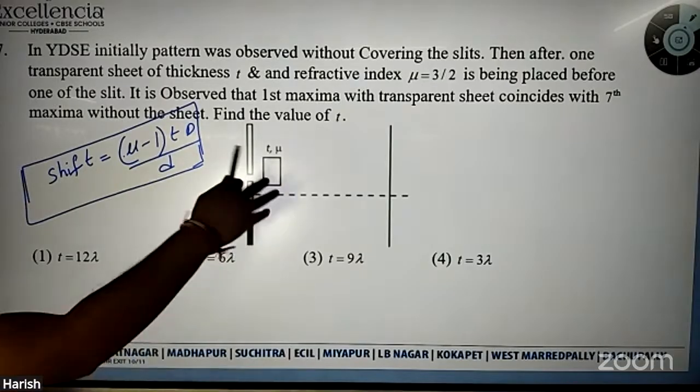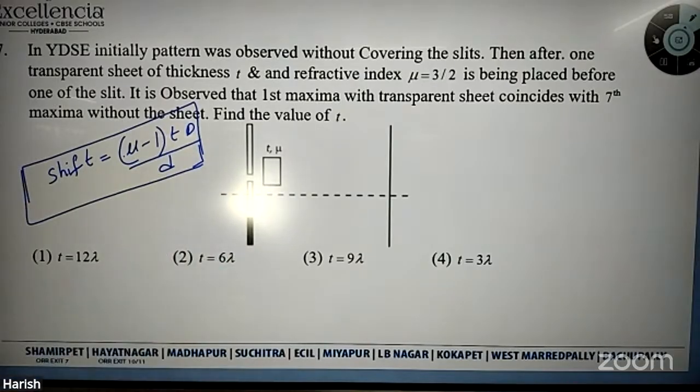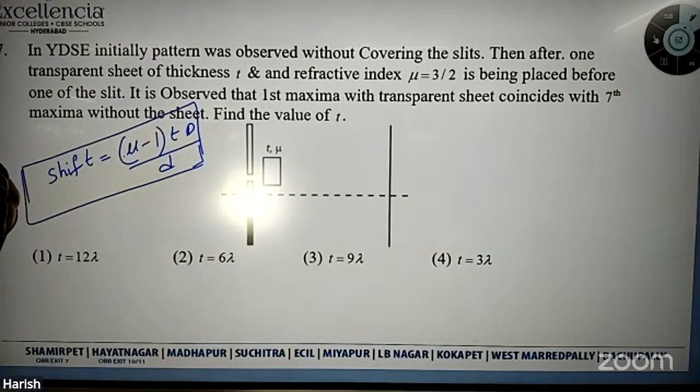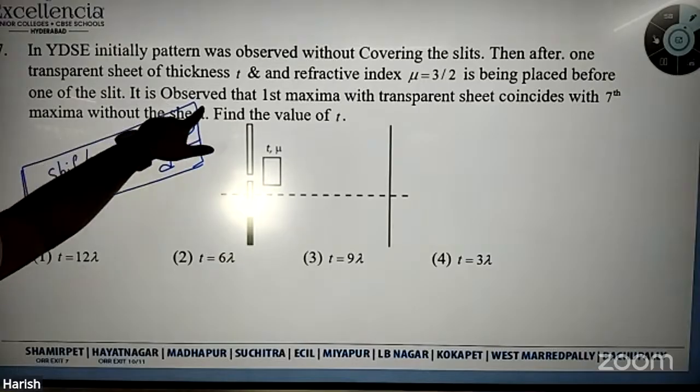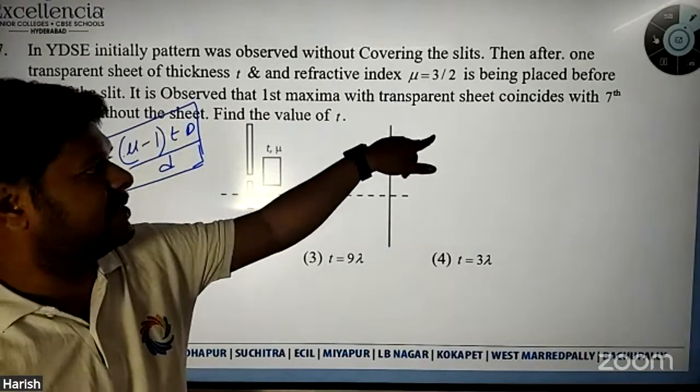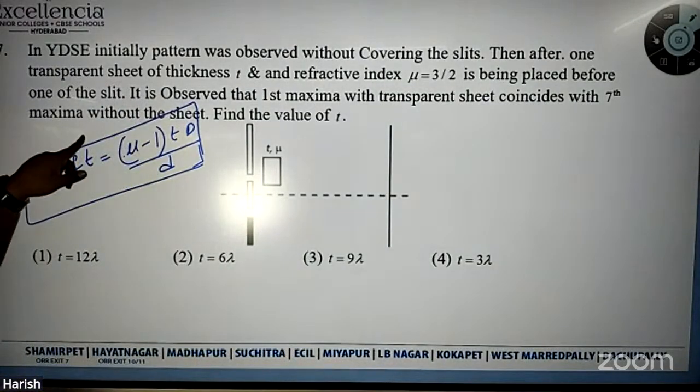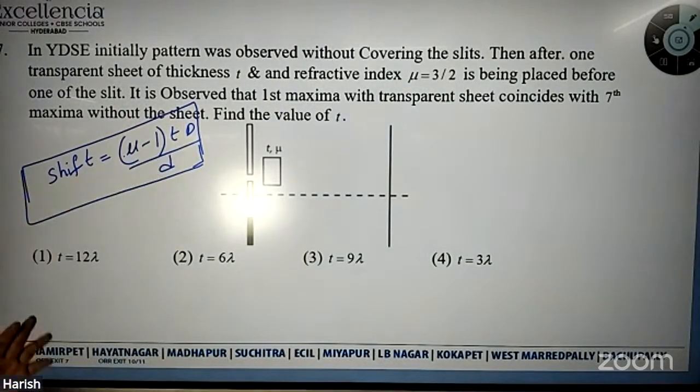Now just look at this question. They're saying that when they kept this slab, it is observed that the first maxima with a transparent sheet coincides with the seventh maxima without a sheet.